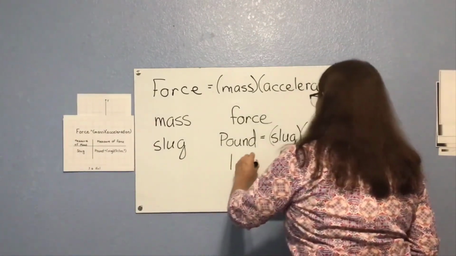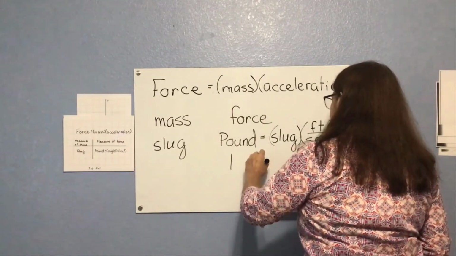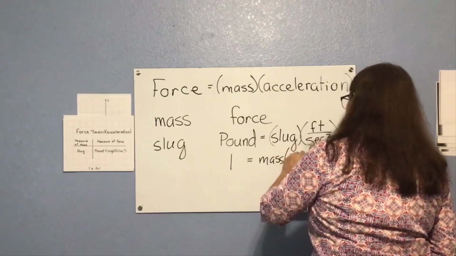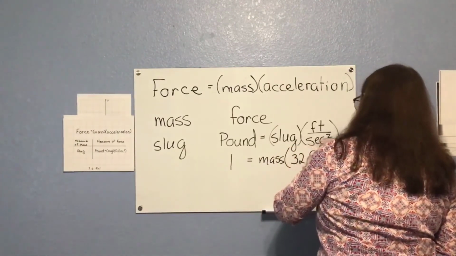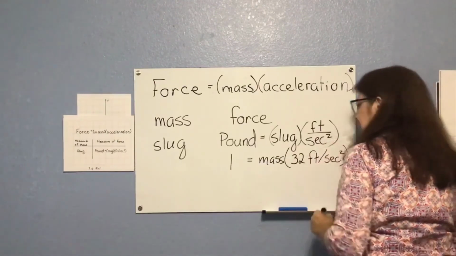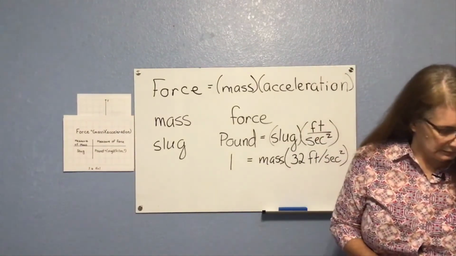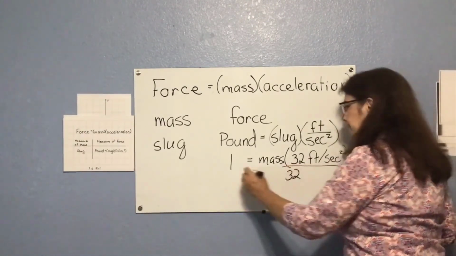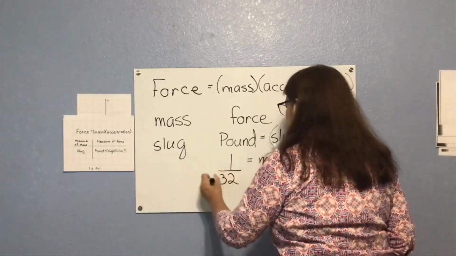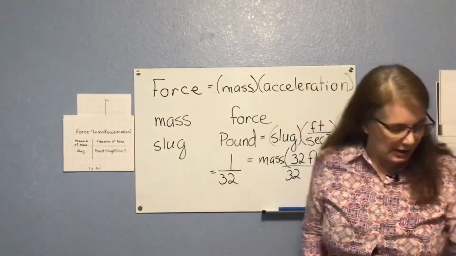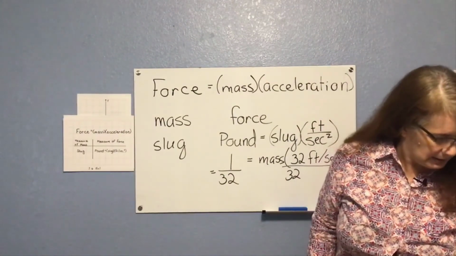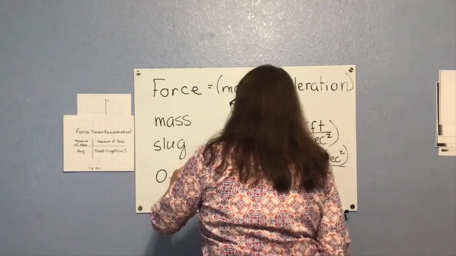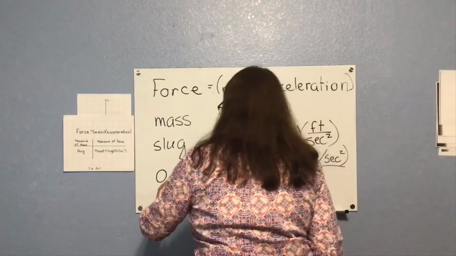We've got 1 pound is equal to the mass times 32 feet per second squared. Okay, so now all we have to do is divide both sides by 32. And we get the mass of this 1 pound object is 0.03125 slugs.